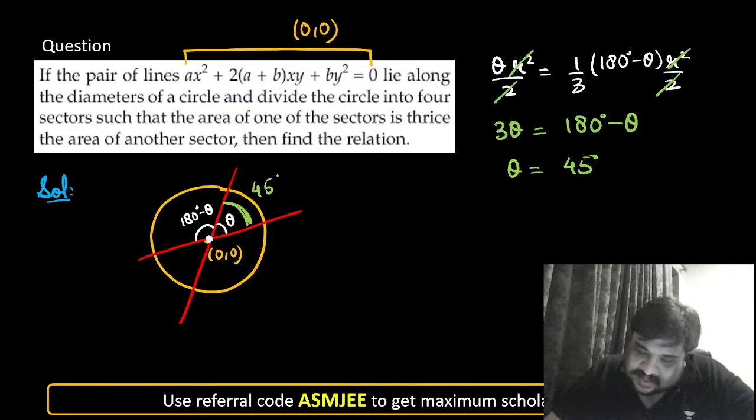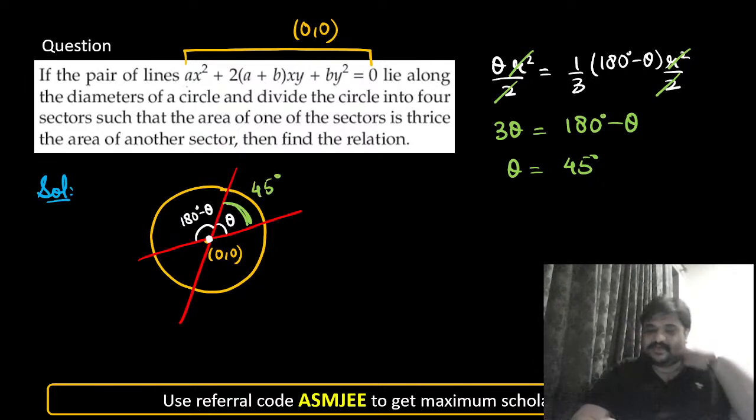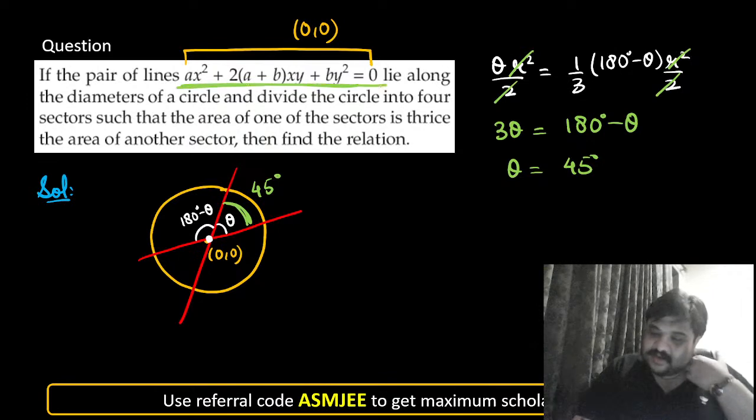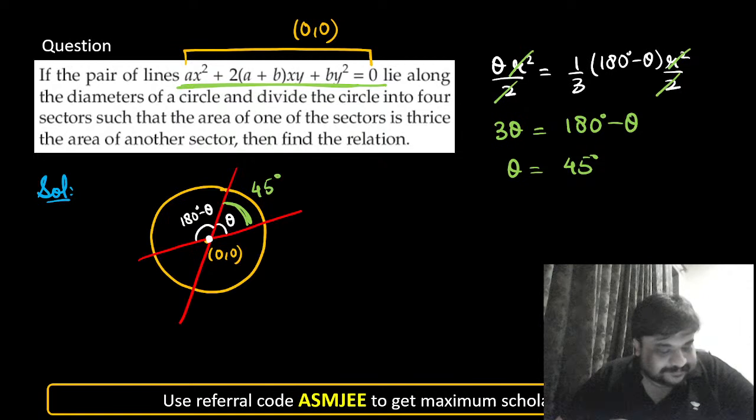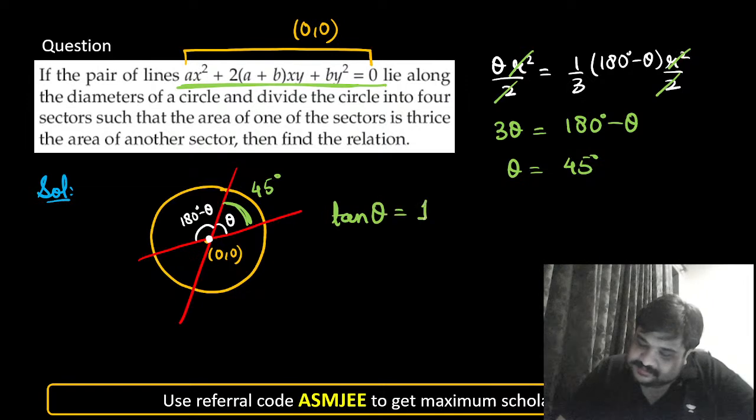So just ensure that this angle is 45 degrees. That's all. How to ensure that this angle is 45 degrees for this pair of straight lines? Tell me. Simple. Tan theta should be 1.